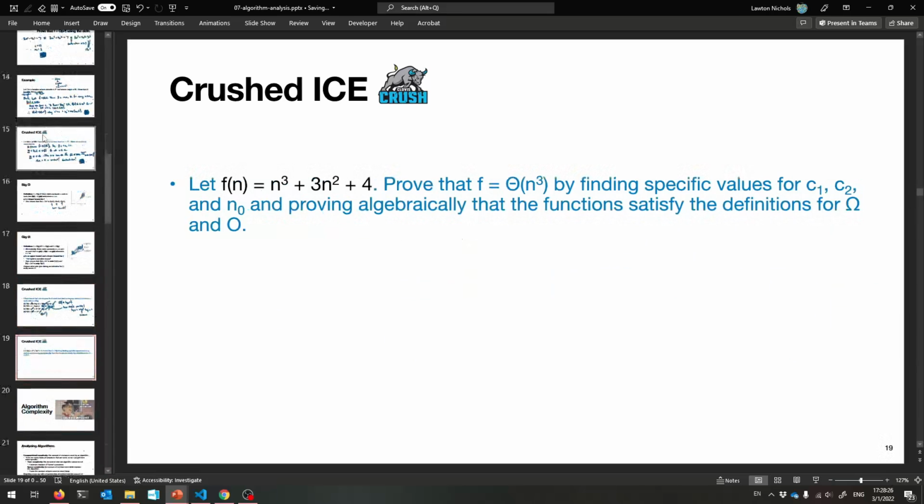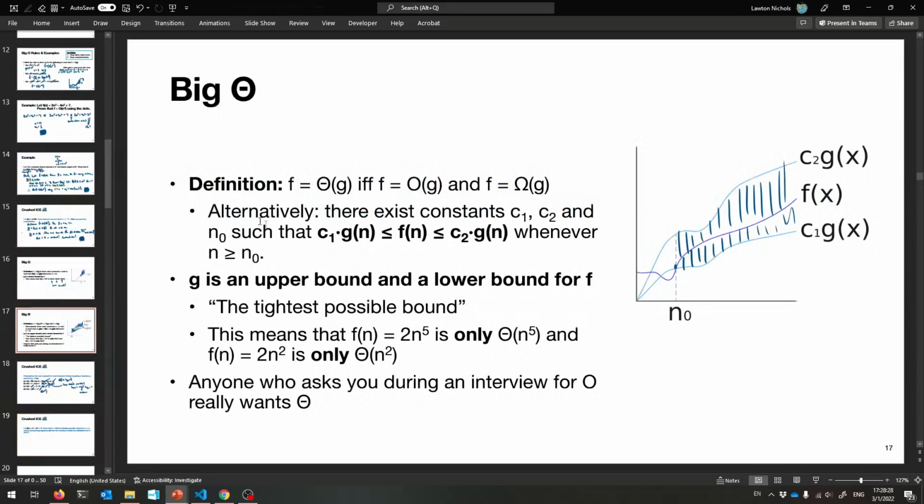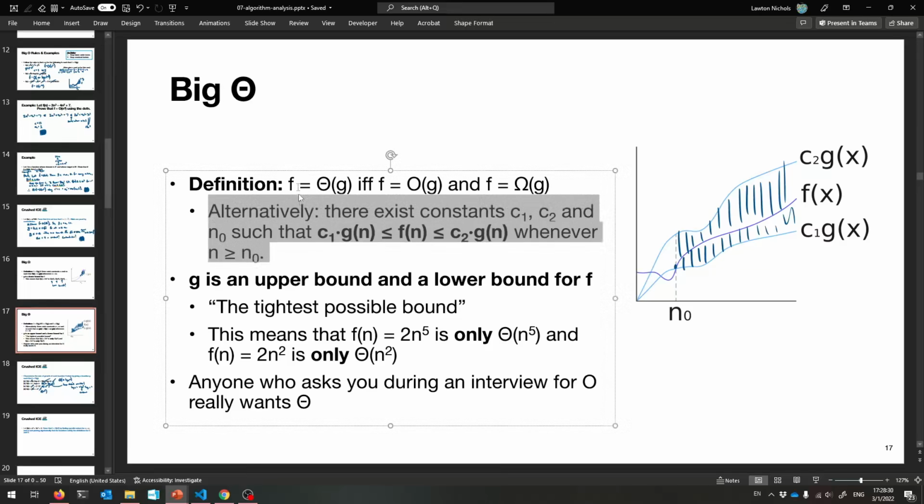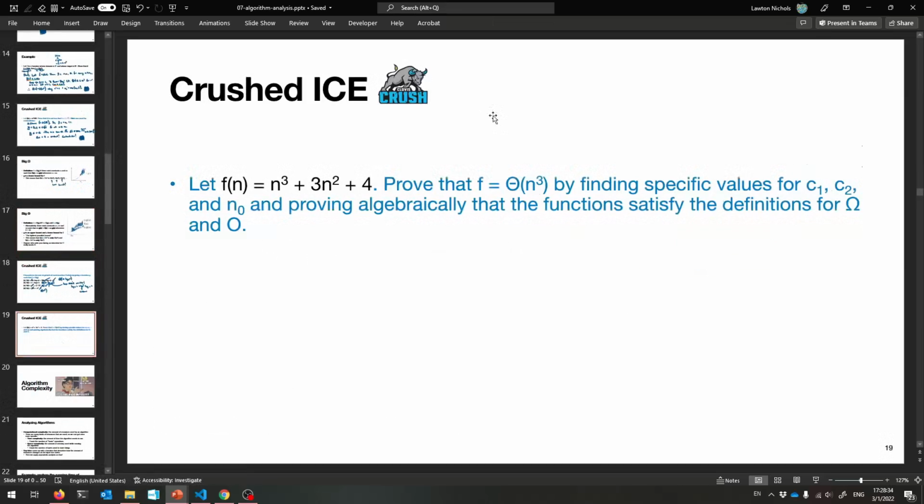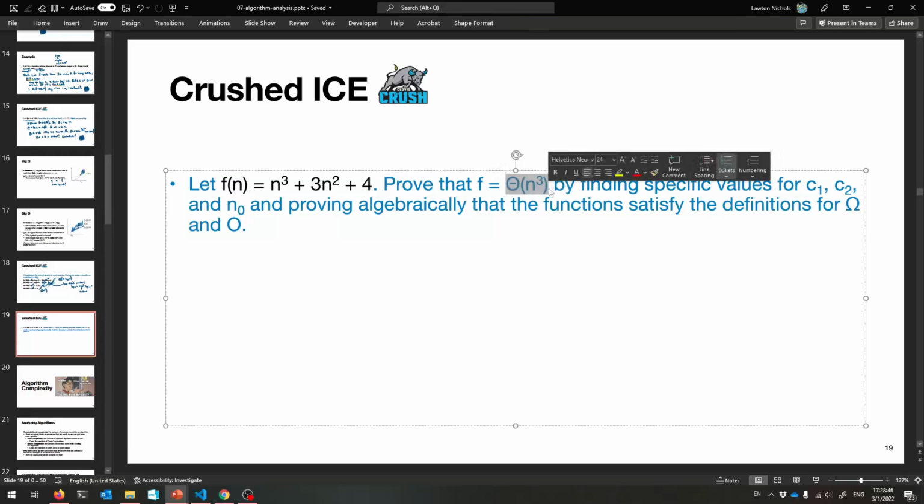Okay, so going back to the real definitions of these functions, big theta, big omega, big O, prove that f of n, which is this, is big theta of n cubed, right?